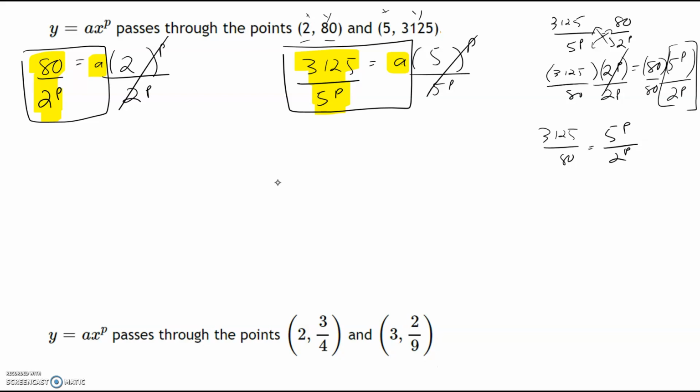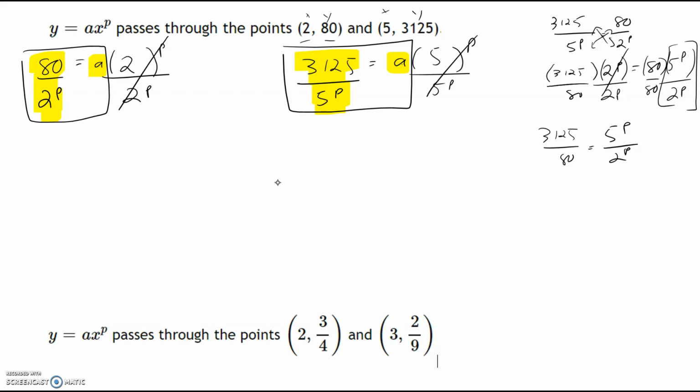Okay. If I ever have a fraction I can reduce, I want to do that. So I see 3125 over 80 should be reducible. I'm going to use my calculator to help me figure that out, but I know that 5 can go into both of those at least.